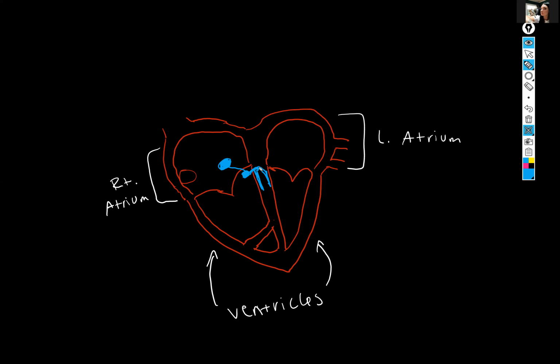So I've just drawn the SA node and the AV node. And now I'm drawing the bundle branches. And now I am drawing the Purkinje fibers.